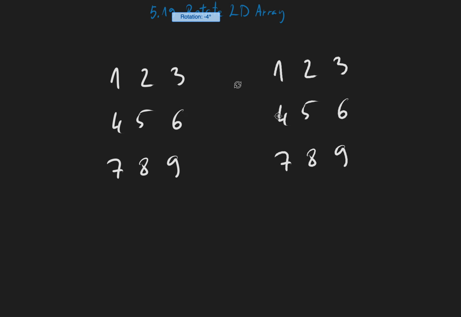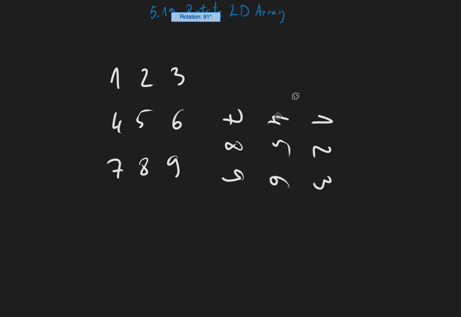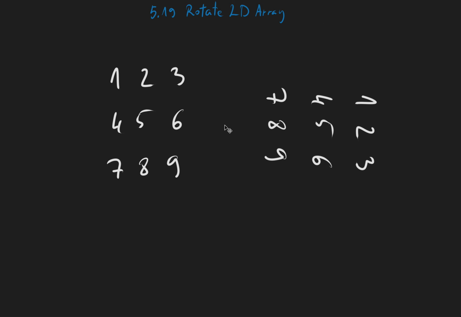We could either rotate it clockwise or counterclockwise, right? In this exercise, we need to do it clockwise, like this. So this would be our result. The first row from the start is 1, 2, 3, and the output is 7, 4, 1.